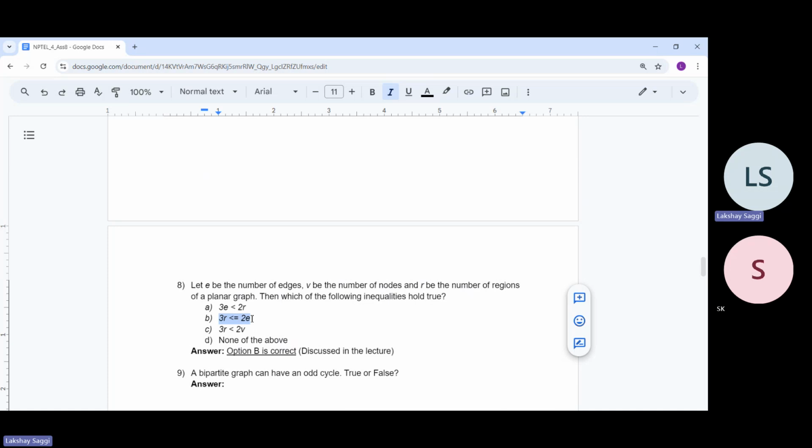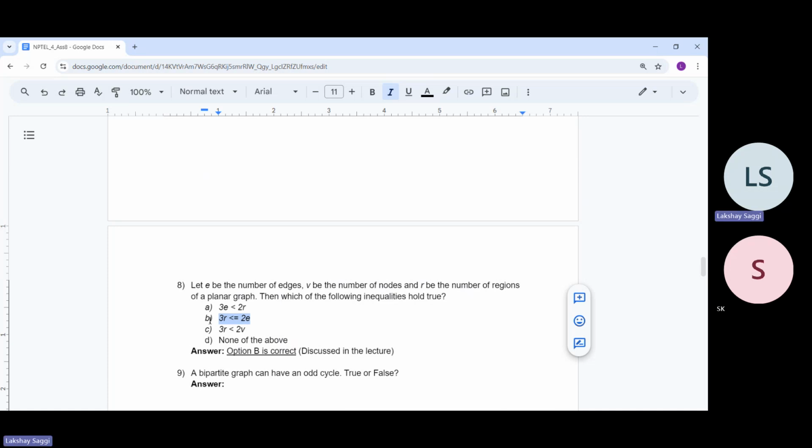To obtain this kind of inequality, we sum up the perimeters of all the regions. Let's say there are R regions, and every region always has a perimeter, which is just the number of edges surrounding that region in a planar graph. Every region is always defined by at least 3 edges.